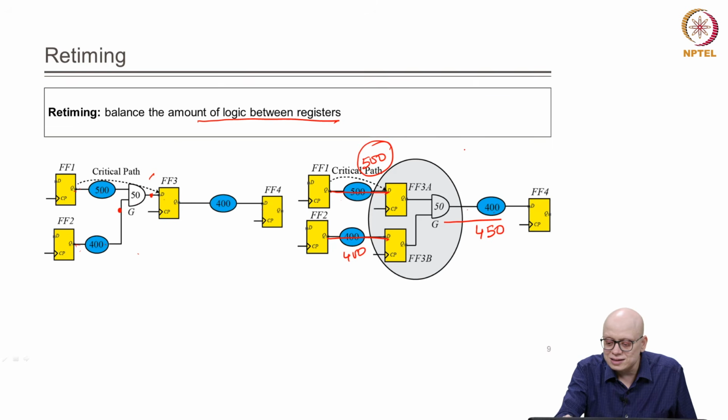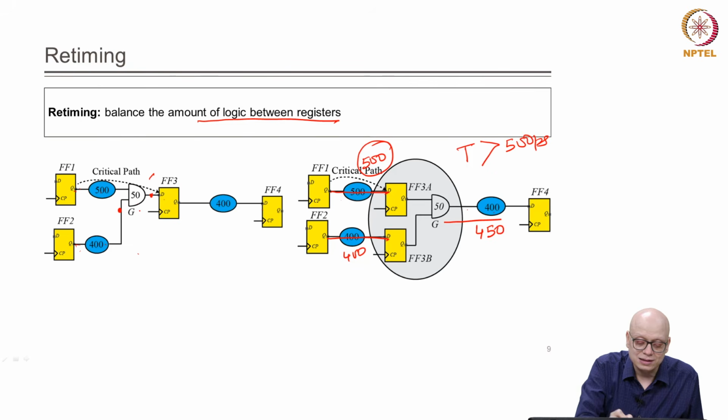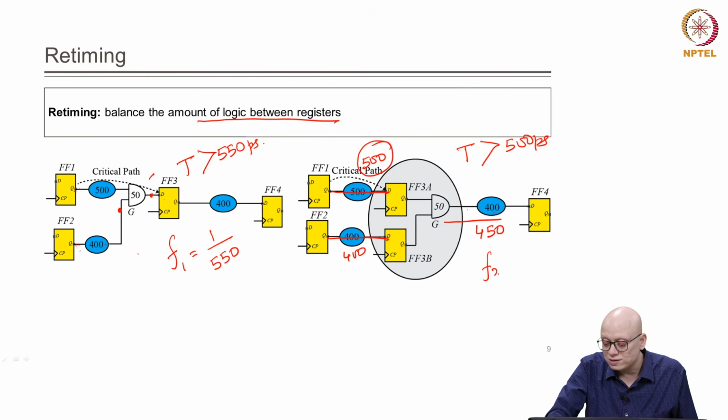Now, in this circuit the time period must be greater than 500 picoseconds, while in the initial circuit T must be greater than 550 picoseconds. So, here the maximum frequency is 1 by 550 and here the maximum frequency is 1 by 500, and therefore, we have increased the operable frequency in this circuit.